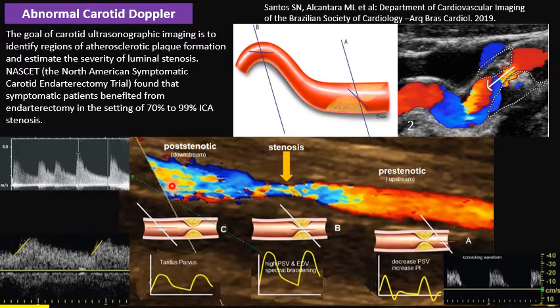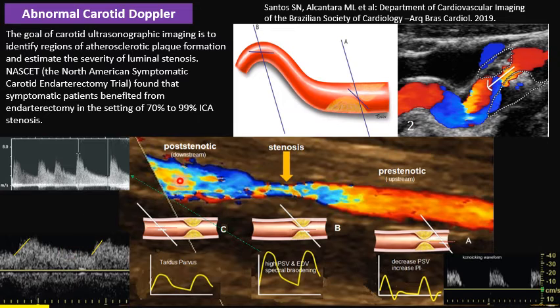At the region of the post-stenotic, right after stenosis, we will have turbulent blood flow. In that situation, we have not only spectral filling, we will see some negative Doppler too.